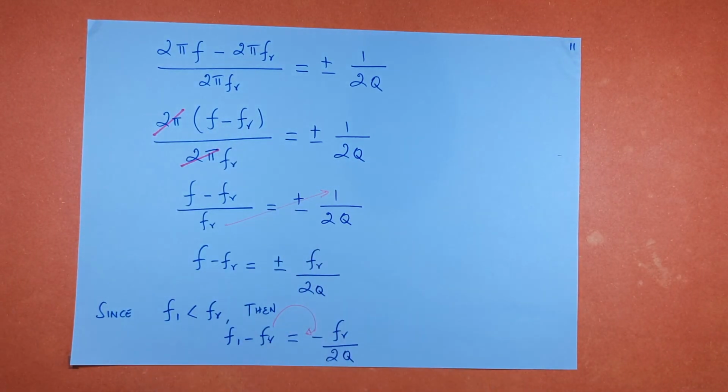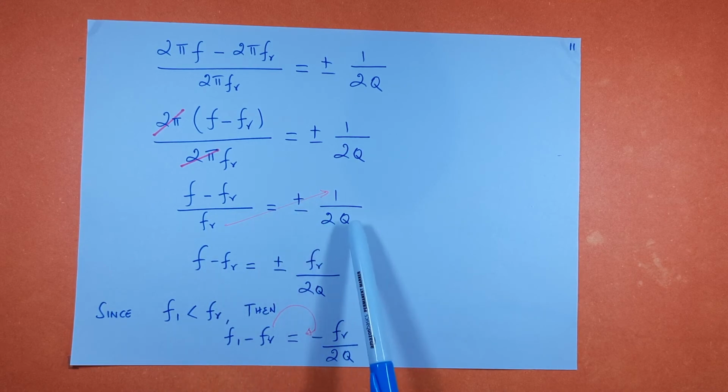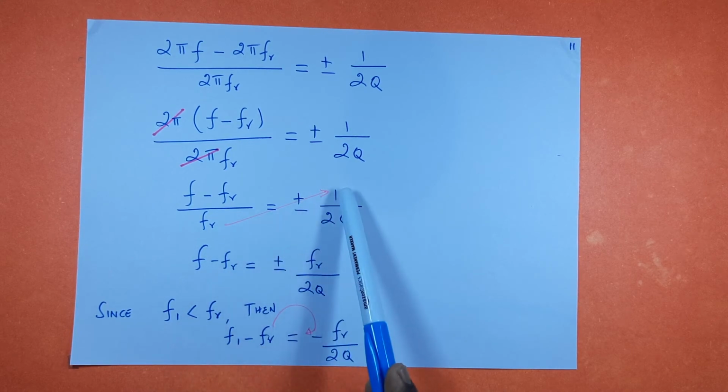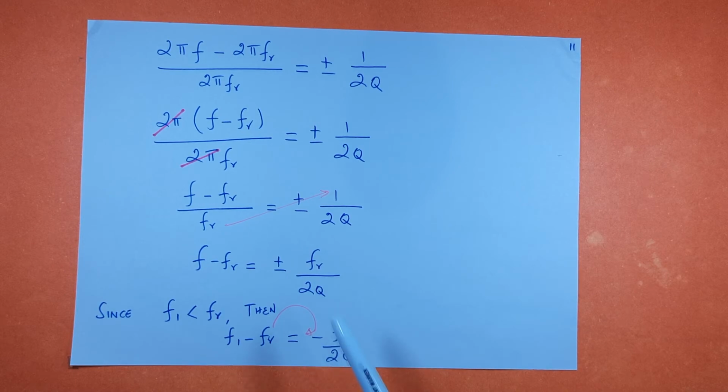This 2 pi gets cancelled. So f minus fr divided by fr equal to plus or minus 1 by 2Q. Take this fr to the other side. f minus fr equal to plus or minus fr divided by 2Q.